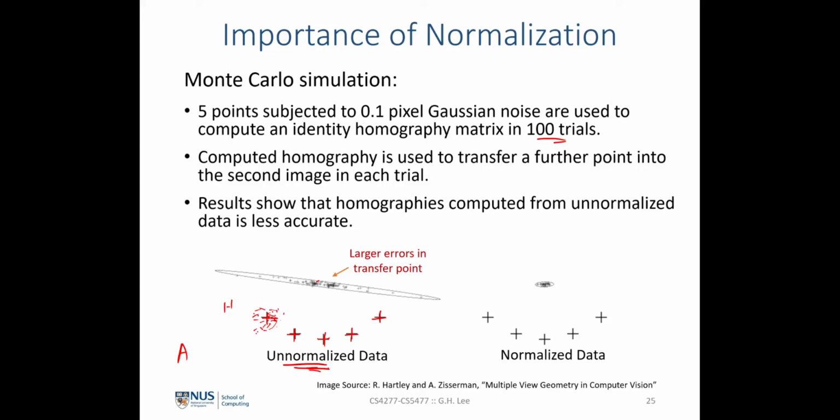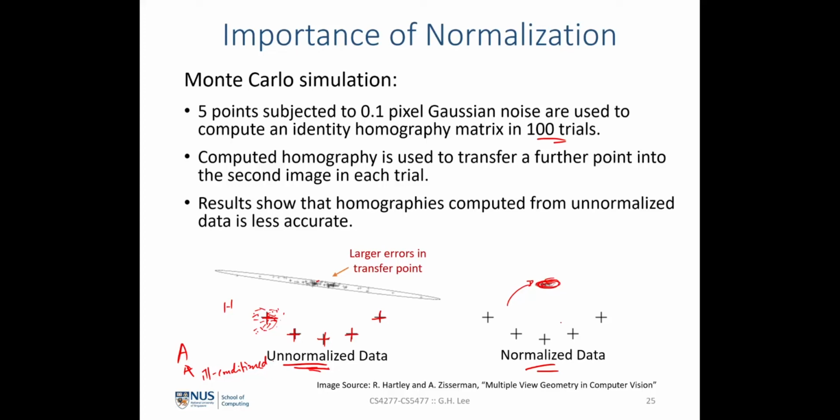Using that to compute the homography for the transfer, we can see that the transfer of each point over these 100 trials is going to end up with a very large error distribution compared to normalized data, because in this case the A matrix is ill-conditioned. Compared to a well-conditioned A matrix used to compute the homography, we can see that over 100 trials, the transfer of the points is going to lead to a very small error over here.